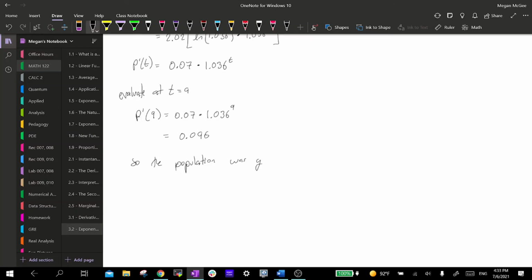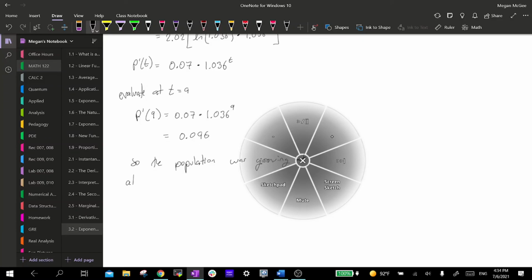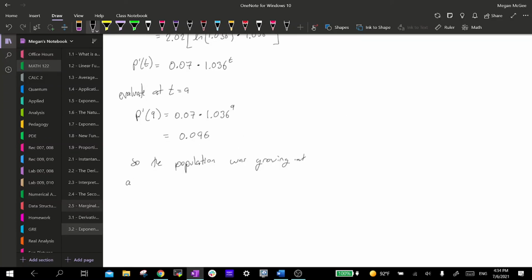So the population was growing at a rate of 0.096 million people per year at the start of the year 2009. And that wraps up our final example for today.